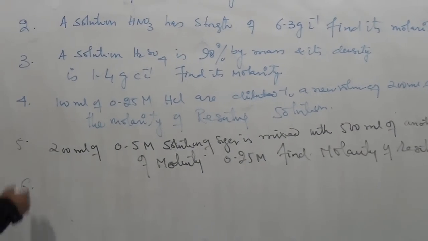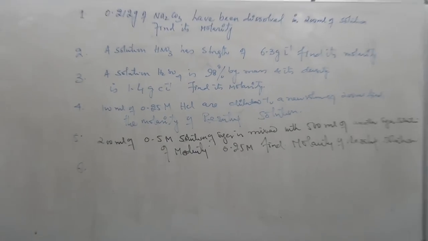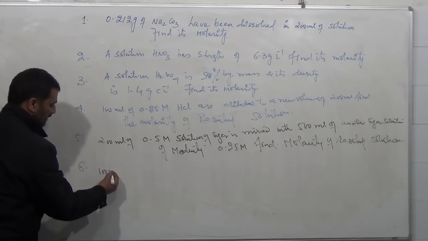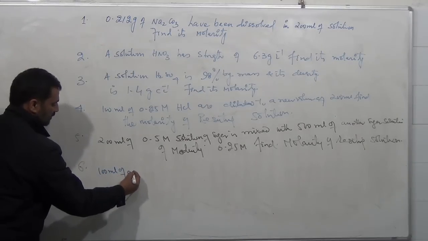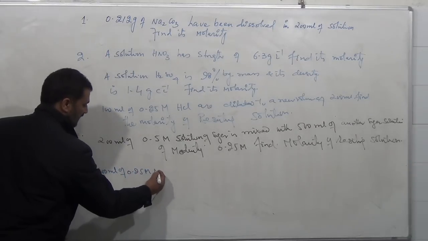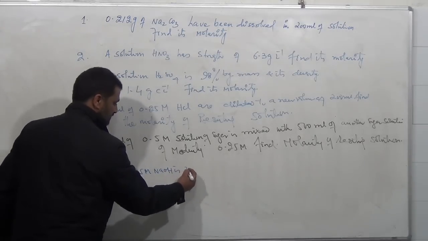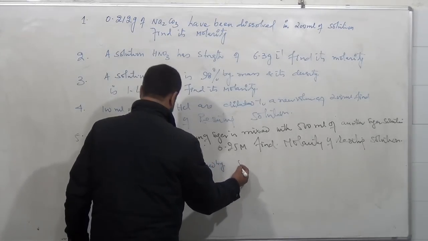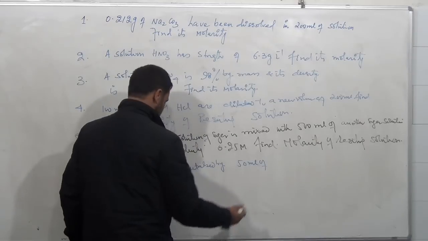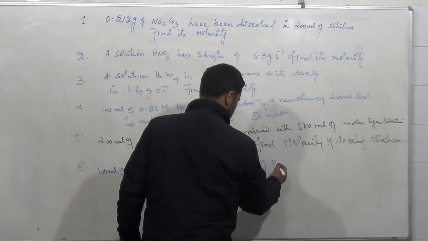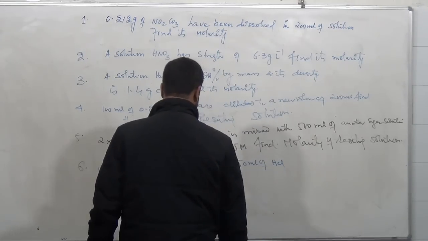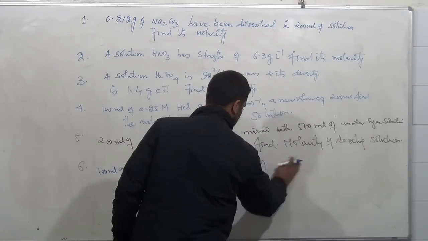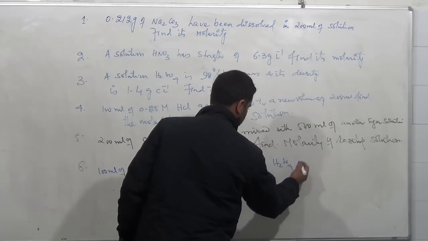Then the last question I will give you: 100 ml of 0.25 M NaOH is neutralized by 50 ml of H2SO4.